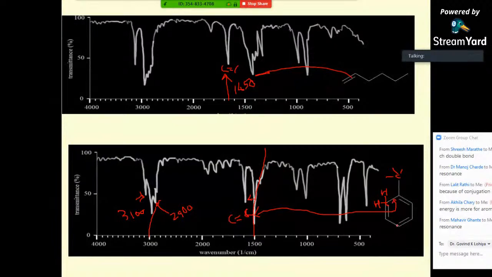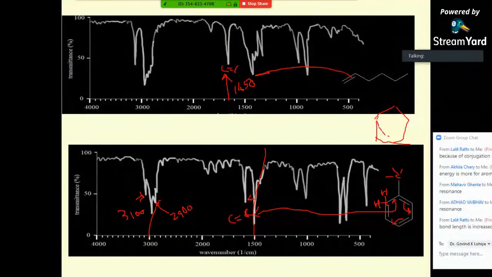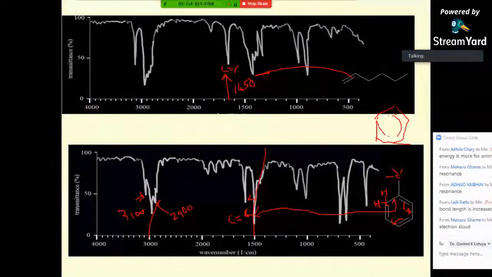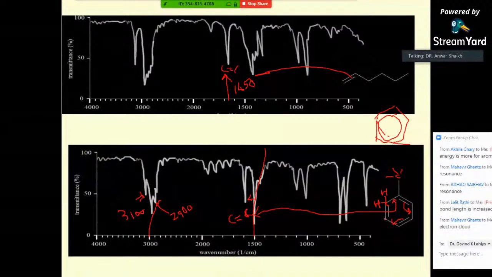You write the actual hybrid of benzene with dotted lines, so sometimes it is a double bond and sometimes it is a single bond. A single bond gives a lower frequency compared to a double bond.